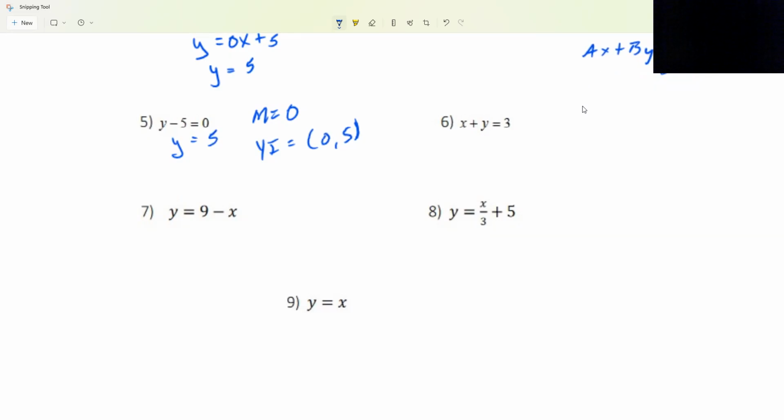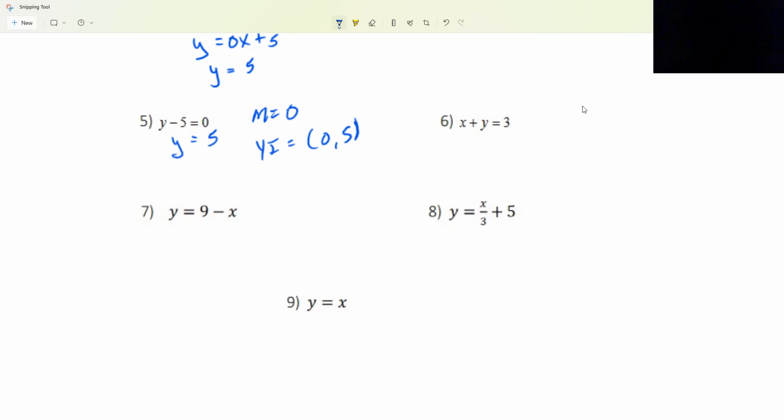So remember when you're dealing with graphing lines, when they're in certain forms, the coefficients or the constants, they mean certain things. For the most part, when you're graphing, if you know what m is and you know what the y-intercept is, there's not very much they can ask you that you can't answer.